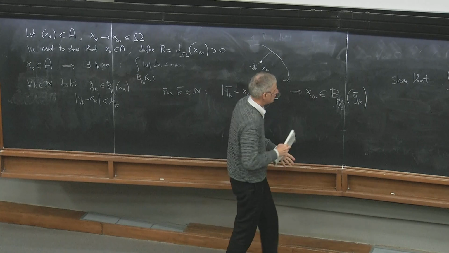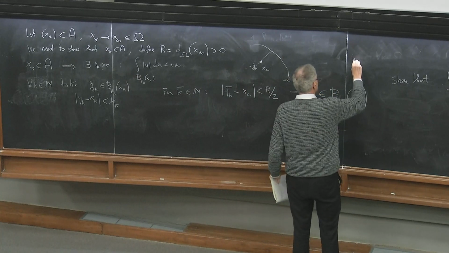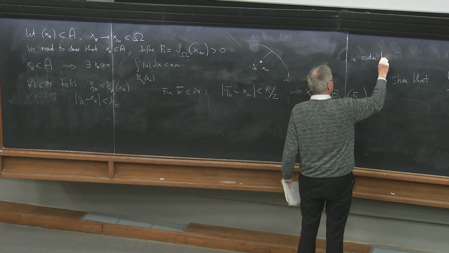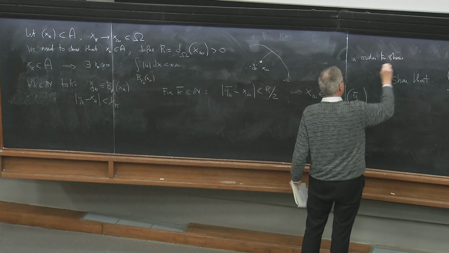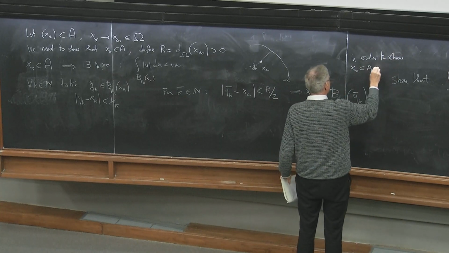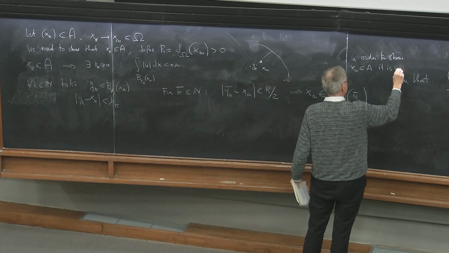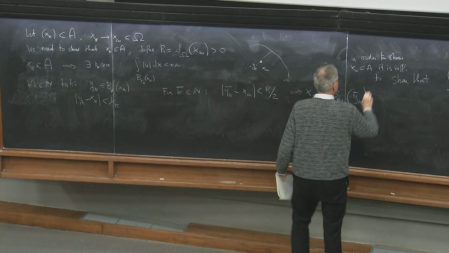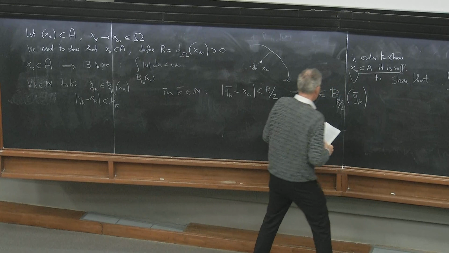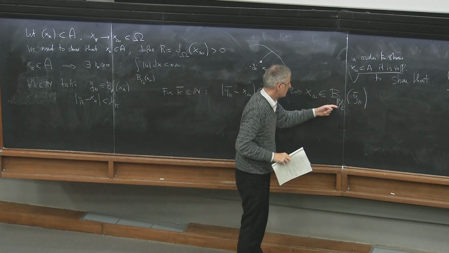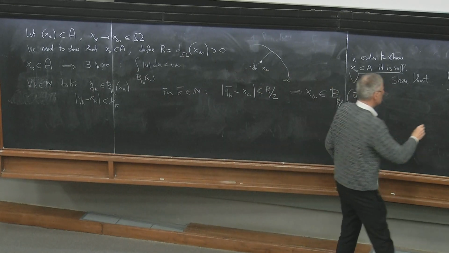In order to show that x infinity belongs to A, it is sufficient to show that the integral of the modulus of u inside this neighborhood, of radius r over 2, is finite.